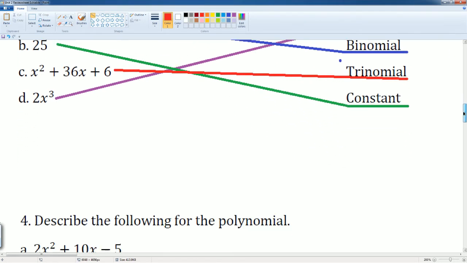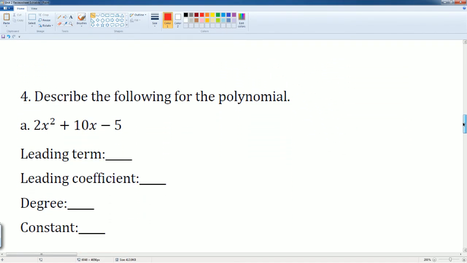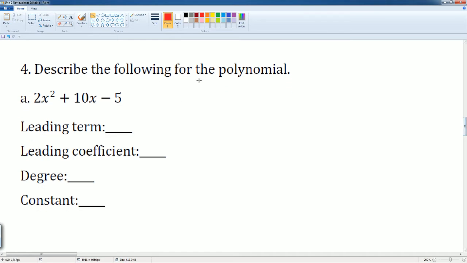All right. Let's look at 4 here. It asks us to describe the following polynomial. Let's look at the leading term. The leading term is the number in front, so it is the entire thing. The leading term is the entire thing, so it's 2x squared. Okay.